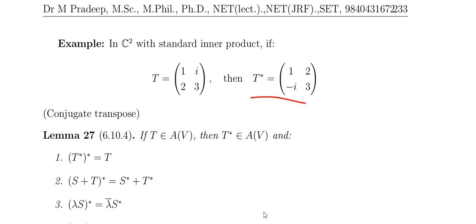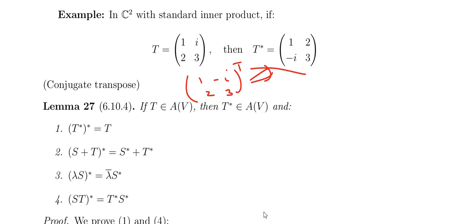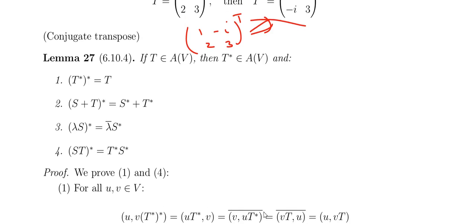Taking the conjugate gives (1, minus i), (2, 3), and taking its transpose gives (1, 2), (minus i, 3). So the transpose of the conjugate matrix is called the Hermitian adjoint.